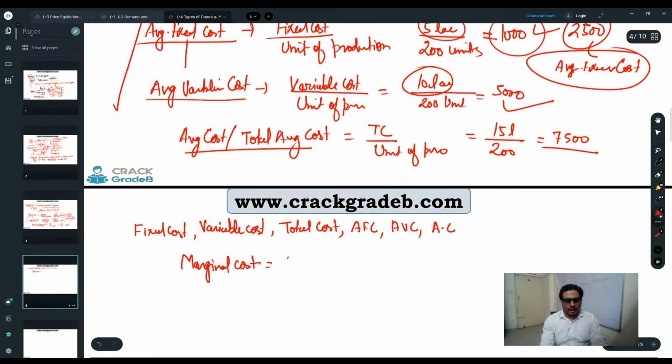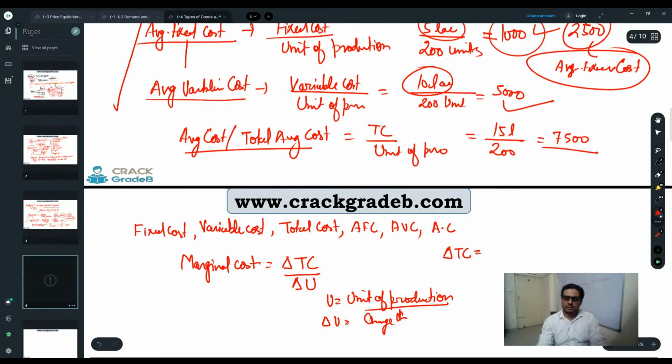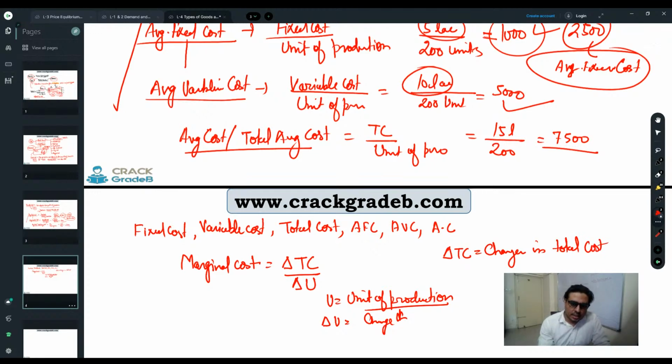Marginal cost is delta TC upon delta U. U is unit of production, so delta U is the change in unit of production. Delta TC is the change in total cost.